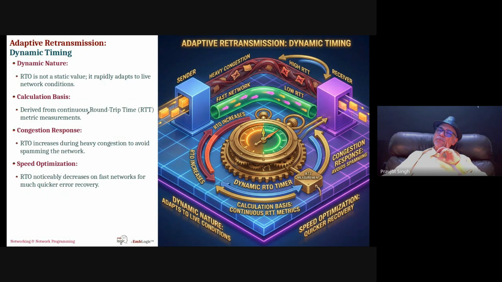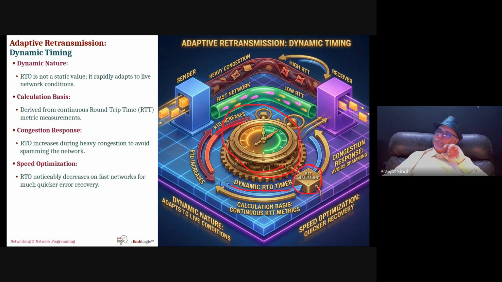It is always derived from continuous RTT, round trip time, a very important variable metric measurement. RTO increases during heavy congestion and decreases when there is no congestion. The timer is dynamic. Dynamic RTO timer. There is continuous RTT measurement happening that keeps a balance between the traffic, network congestion, and the RTT.